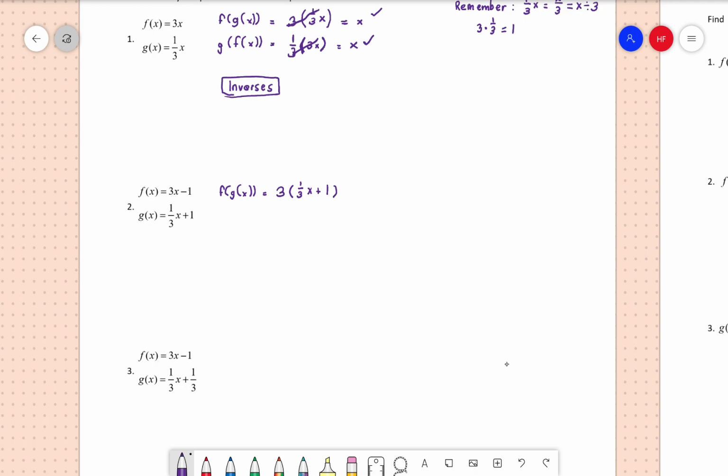Then don't forget this minus 1 on the end. Now we're going to find what this equals. We're distributing the 3. 3 times 1/3 we saw in the problem before is 1. So it's just x. 3 times 1 is 3, minus 1 on the end.